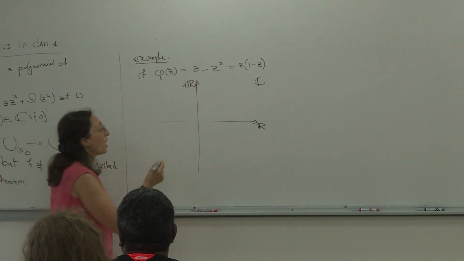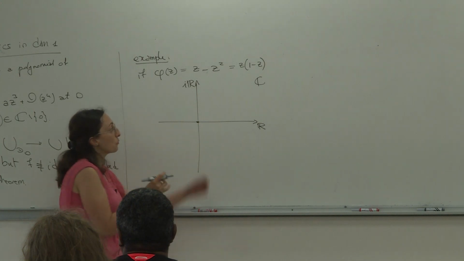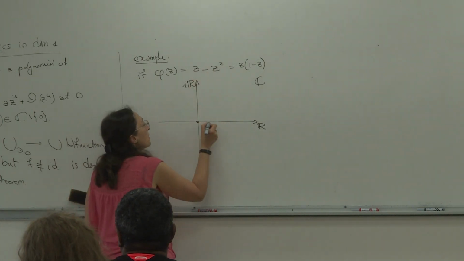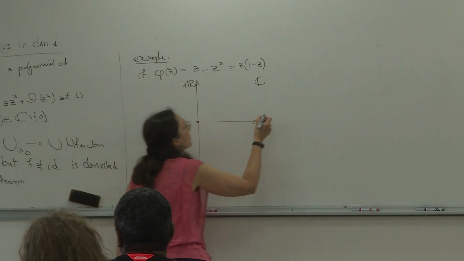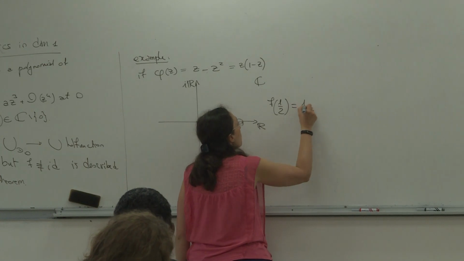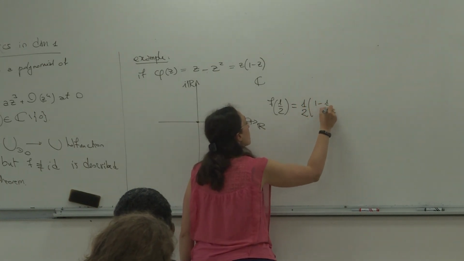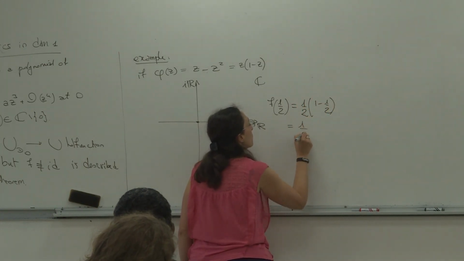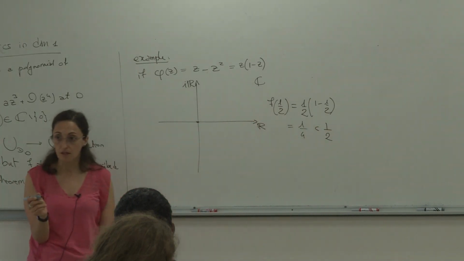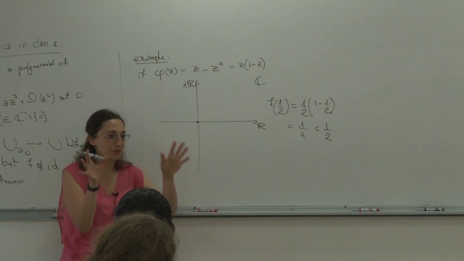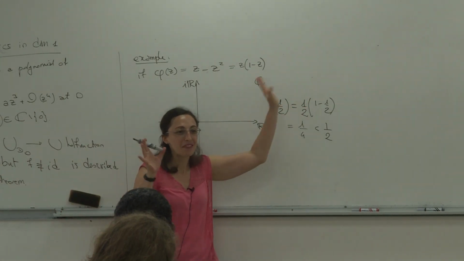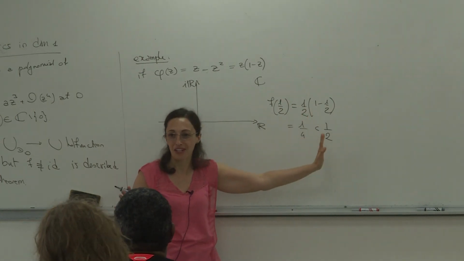Okay? So now if I am at the origin, well, the origin is fixed. What happens if I take the point 1 over 2? Phi of 1 over 2, well, let's see what happens. It's 1 over 2 times 1 minus 1 over 2. So it's 1 over 4, which is less than 1 over 2, right? You agree with me? This is standard, not even first year of undergrad math.